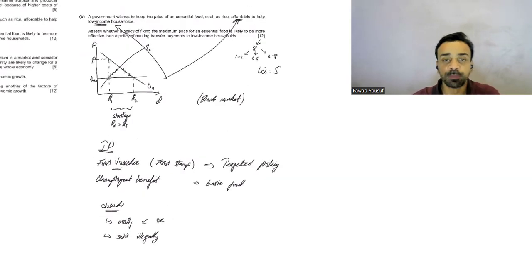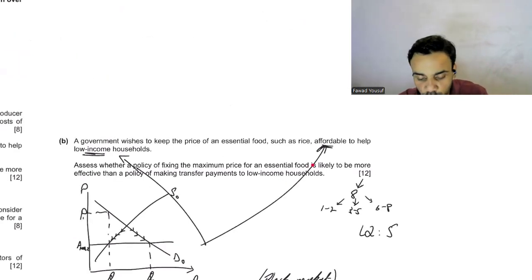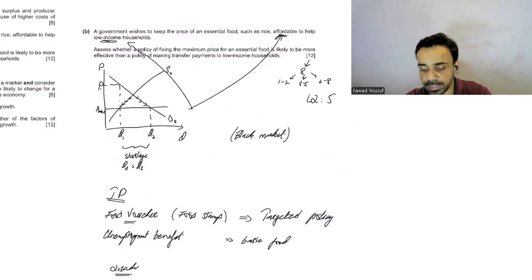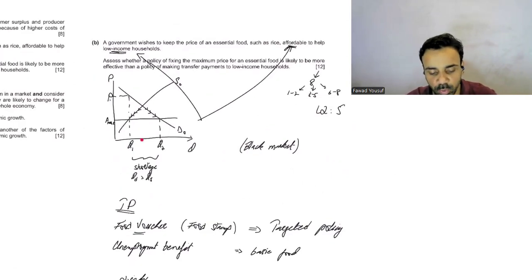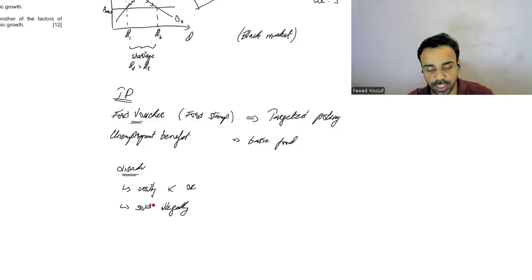अब now that we have explained कि किस तरीके से maximum will work and the problems, minimum will work and their problems, right? Now, what we want to do is based on the question, which is likely to be more effective. Now I have to compare one with the other. ठीक है? पहले मैंने ये कंपैरिजन नहीं किया था, पहले मैंने सिर्फ ये किया था मिनिमम how it works and how it does not, transfer payments, how it works and how it does not.